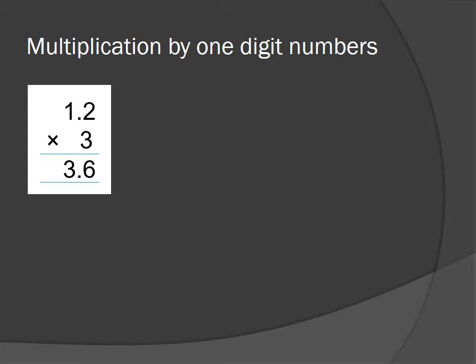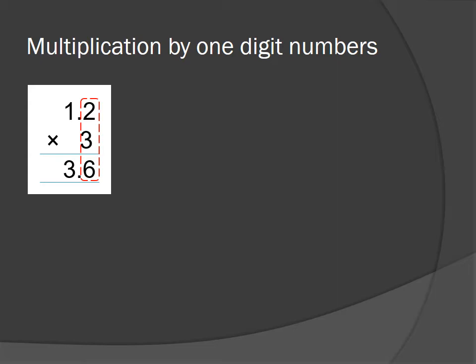Normally when we are multiplying whole numbers, we start to multiply from right side to left side. So it means we want to multiply 3 and 2. So you know 3 times 2 is equal to 6.